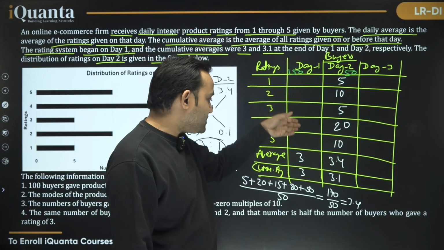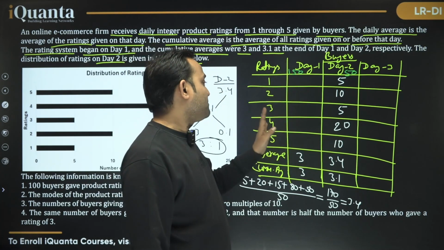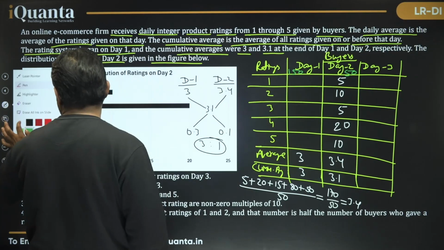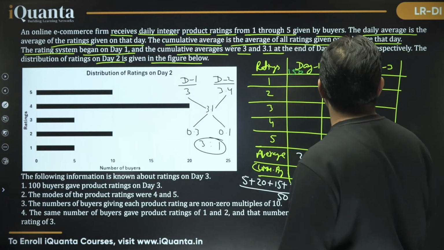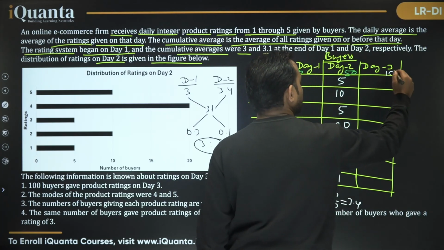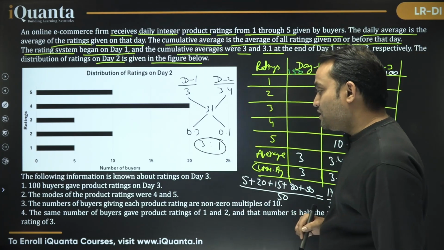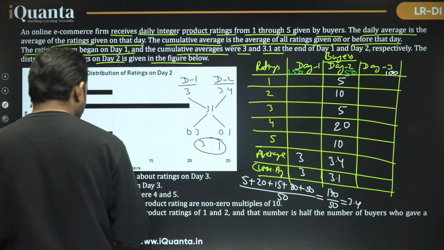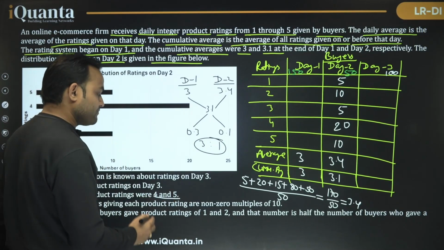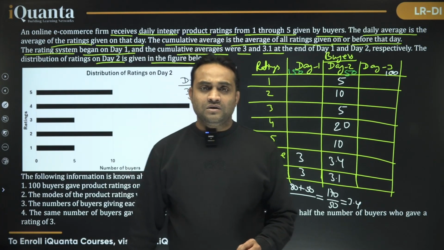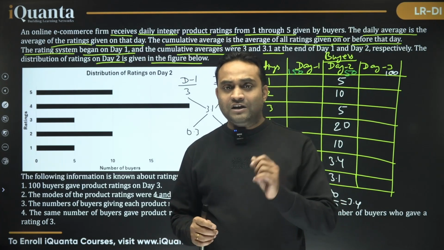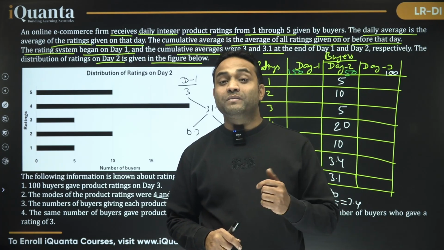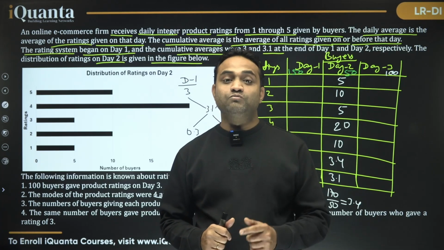We don't know this distribution for now. But let's check day 3. On day 3, it says 100 buyers gave product ratings. So total 100 buyers. The modes of the product ratings were 4 and 5. What is mode? For any data, the value that occurs the maximum number of times is known as mode.